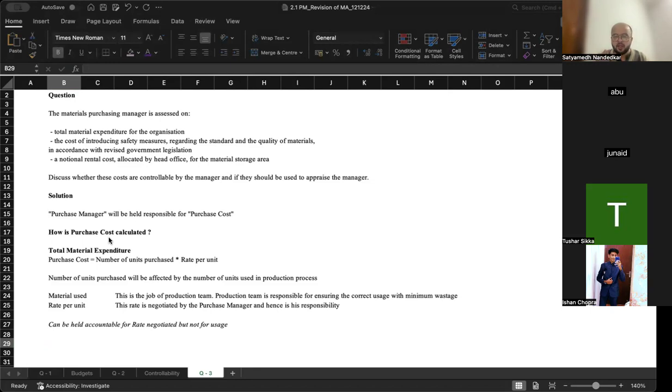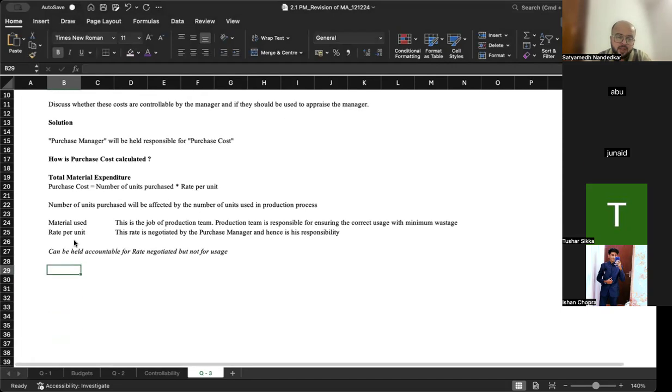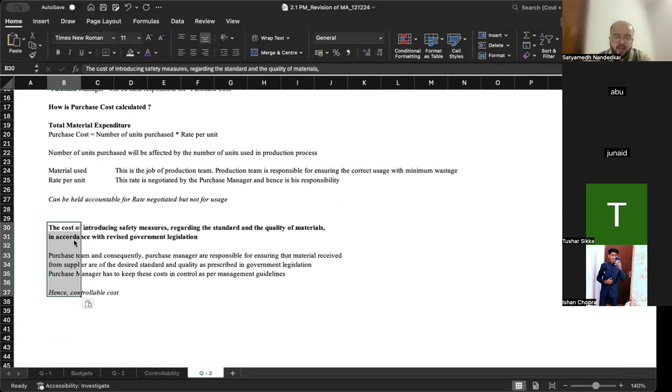Basically, this is not quality of final output. This is quality of material purchased. And so it will be the responsibility of the purchase team to ensure the quality is as per the government standards for all the material purchased. Hence, the cost of introducing safety measures in this case will be the responsibility of the purchase team, and you can hold the purchase manager accountable. Hence, this is the controllable cost element.